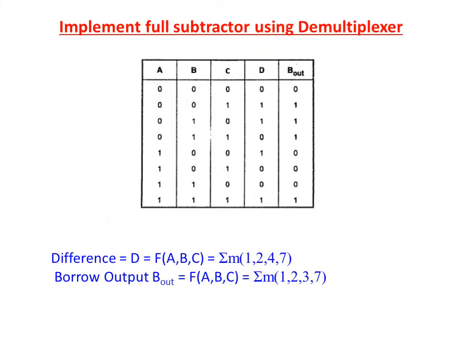Implement the full subtractor using demultiplexer. This is the truth table for full subtractor. The inputs are A, B, C and the outputs are difference and borrow out. With the 3 inputs we can make 8 combinations.